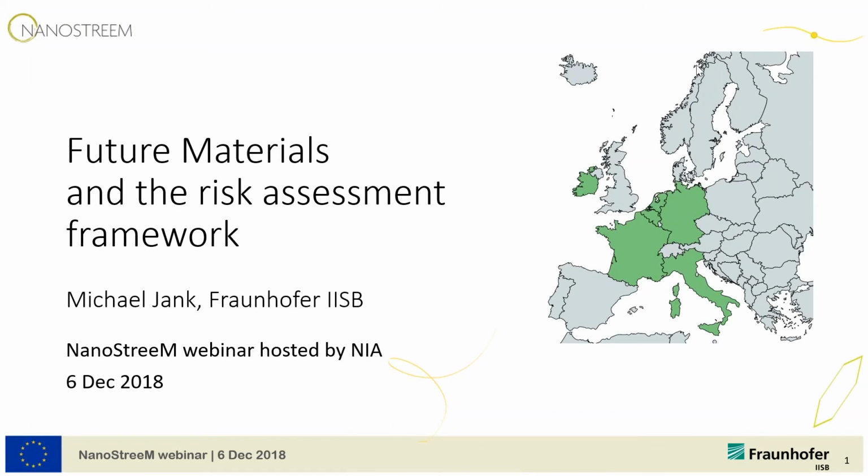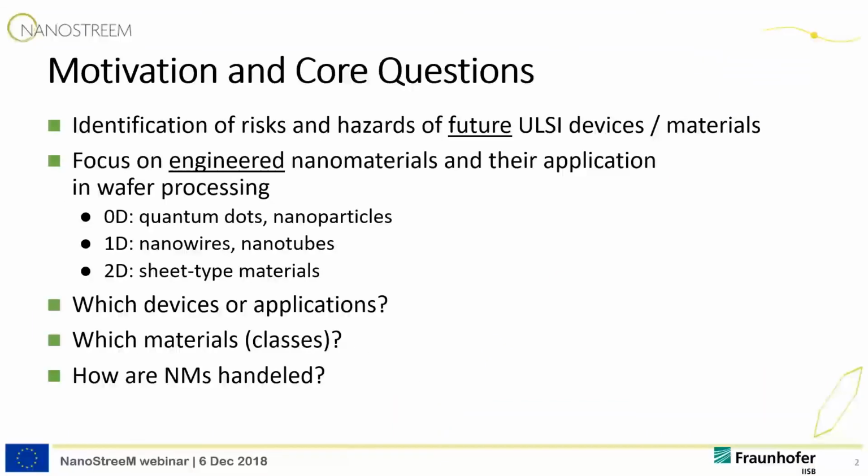And the task was to find out which materials will come of interest and how they will be handled, and what conclusions we should draw from those materials portfolio and what to care for in future. So please switch to the next slide.